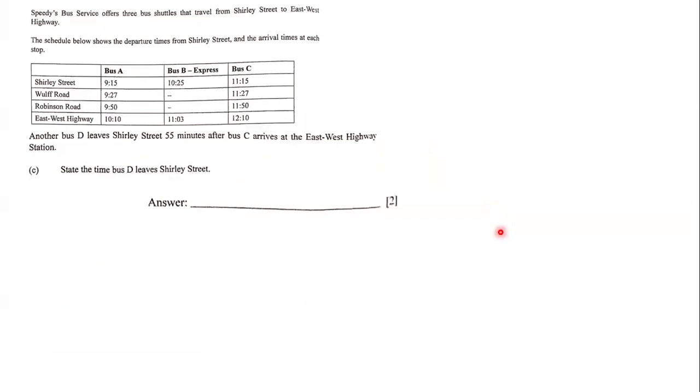The next question states that another bus, D, leaves Shirley Street 55 minutes after bus C arrives at East-West Highway Station. State the time bus D leaves Shirley Street. So notice that bus C arrives at East-West Highway at 12:10, okay?